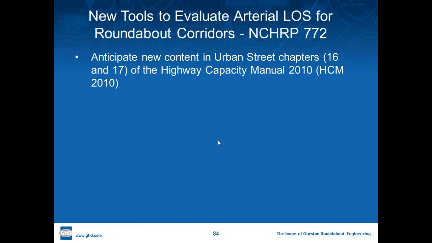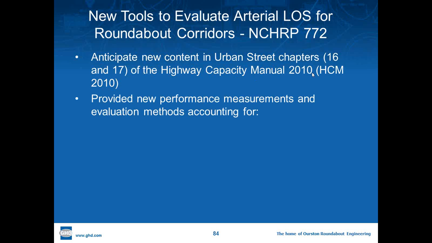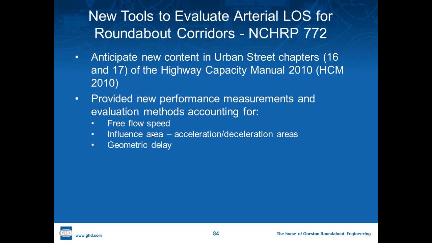NCHRP 772 is a recently published document, and it's going to supplement the urban chapters of the HCM, chapters 16 and 17 for the 2010 manual, and provides new performance measures for the evaluation and accounting for things like free flow speed, where roundabouts are in series, the influence area of the roundabout, approach, acceleration and departure, acceleration and delay, geometric delay, which is kind of unique to roundabouts, and impeded delay, which we understand from acute stop delay at signals.